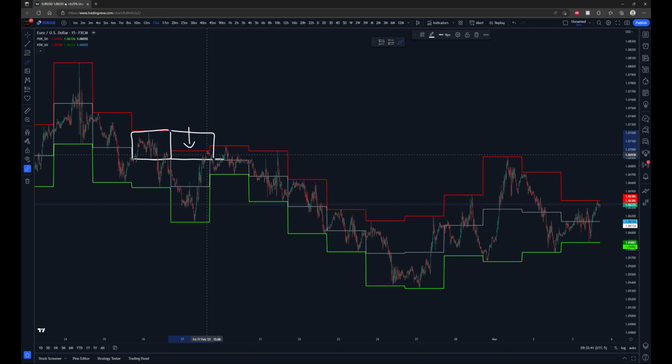Once it's up here, then we can start to look for our rules that tell us it's okay to get into a short position, knowing that we are at a discounted price point. This day's low way down here is definitely at a discount; up here, in the context of this day and the previous day, this is a discounted price. So we want to be entering into our trends at discounts, of course, and exiting at a premium.